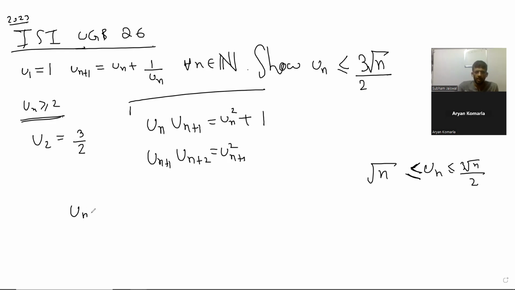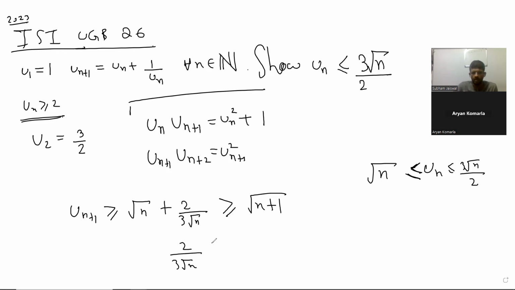What about un plus 1? un plus 1 will be bigger than root n plus 2 by 3 root n, right? Is this bigger than root n plus 1? We can check. So how did you get 2 over 3 root n?